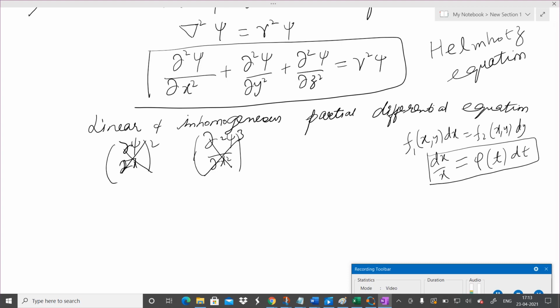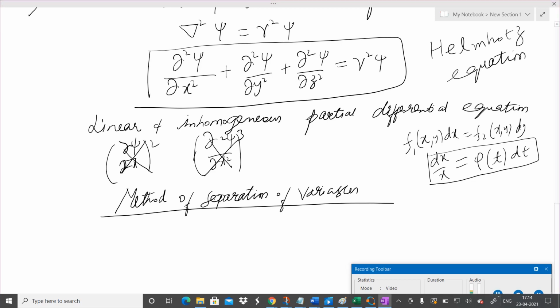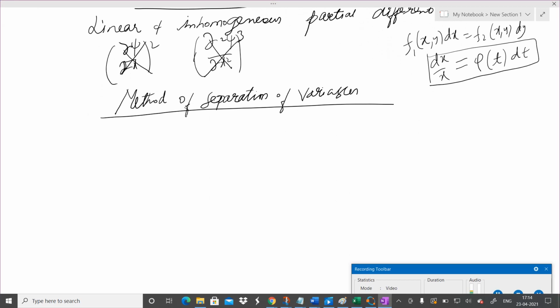One of the methods to solve such partial differential equations, especially the Helmholtz equation, which is very famous in solving wave equations even other than electromagnetic waves, is called the method of separation of variables. In this method, we assume what the solution should be.